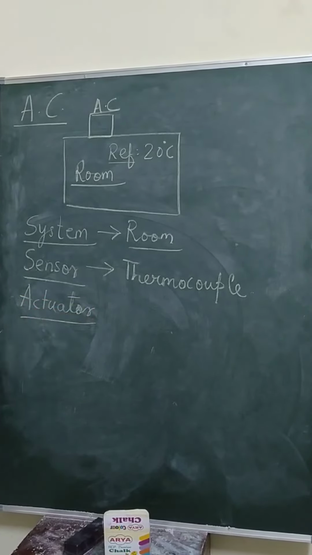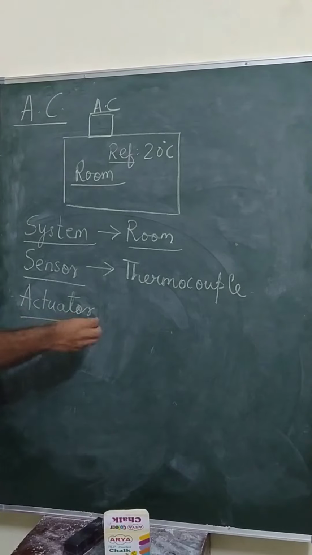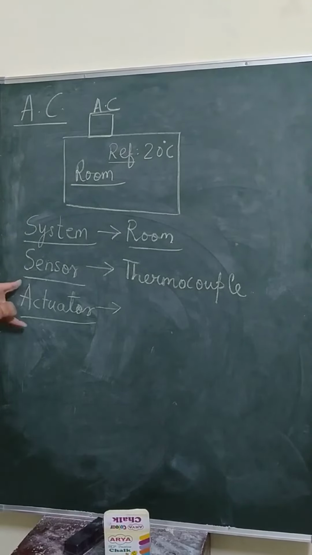as we have seen. The actuator here, you can call it a compressor, which compresses the refrigerant. I think you have already done a course on RAC. Or you can call the actuator the system which is supplying current to the compressor. Now we can actually discuss a lot more on the actuator, because now we have different kinds of ACs. You must have heard of inverter ACs.